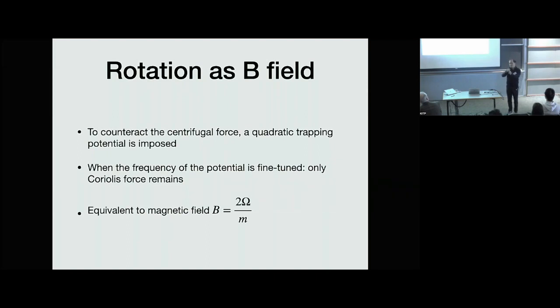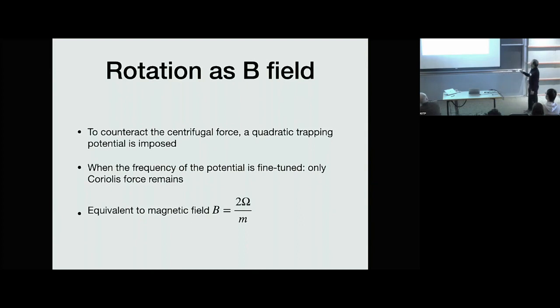The first force is the centrifugal force. If you don't have the trapping potential, then the whole system will fly apart. So now imagine that you put a system in a harmonic potential with a frequency fine-tuned so that it exactly cancels out the centrifugal force. And then you would have a system where on each of these particles, the only force it is subject to is the Coriolis force plus the forces from interaction with other particles.